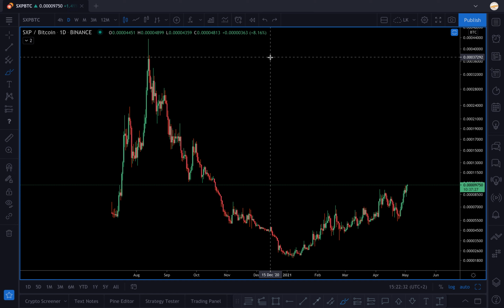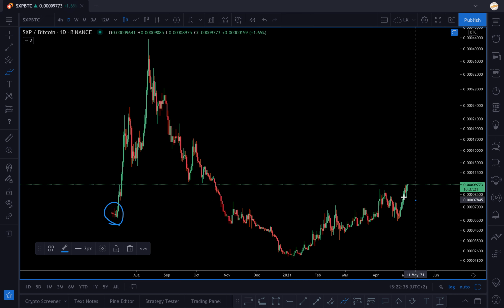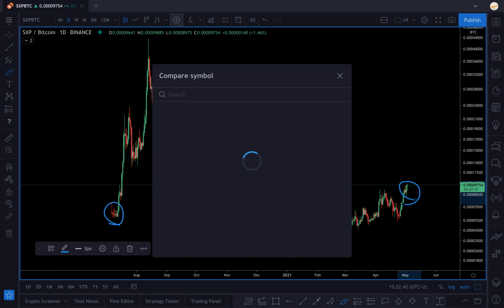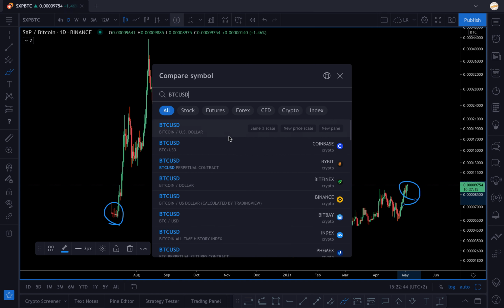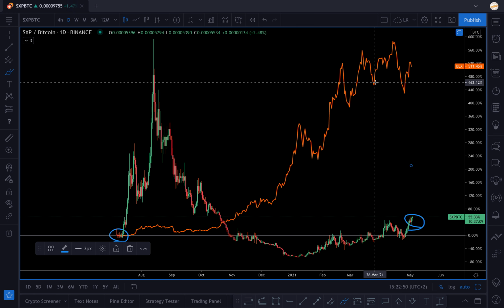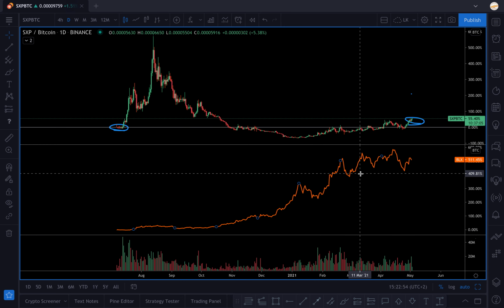But what you need to think about is the price of Bitcoin was not the same here as it was here. If you add the Bitcoin US dollar, we're going to add the BLX, and then we're going to add it to the new pane below.